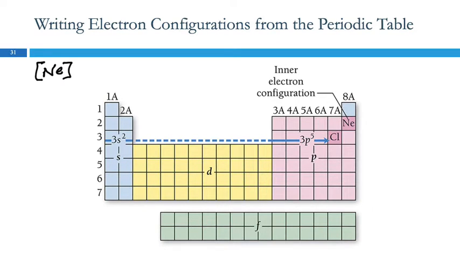And now we're going to write down just the electrons that come after that. So over here, we've got 3s, and there's 2 there, so that's 3s2. And then we jump across here, and this is 3p. 1, 2, 3, 4, 5. 3p5.